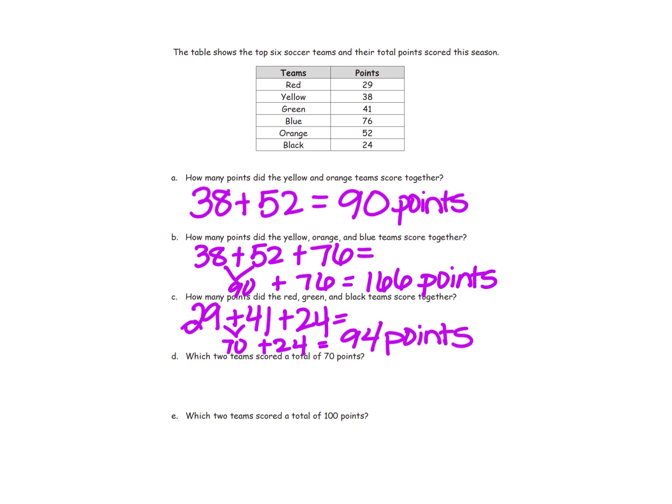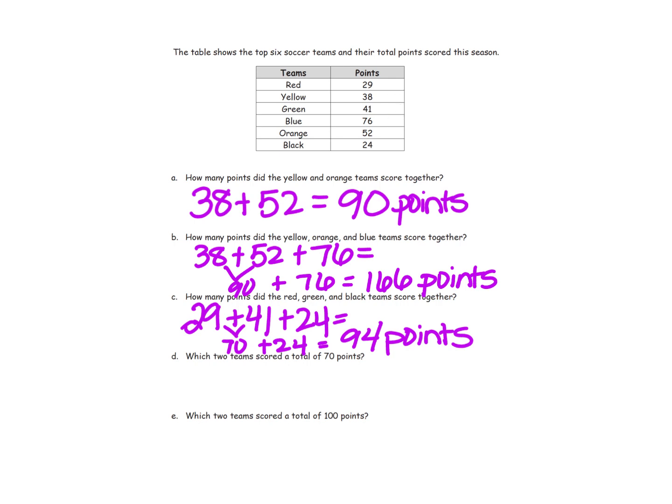Part D. Which two teams scored a total of 70 points? So we need to come up to our table and see if we can find two numbers that will equal 70 points. Now, if we look at green and red, if we take those two numbers together, they would equal 70.